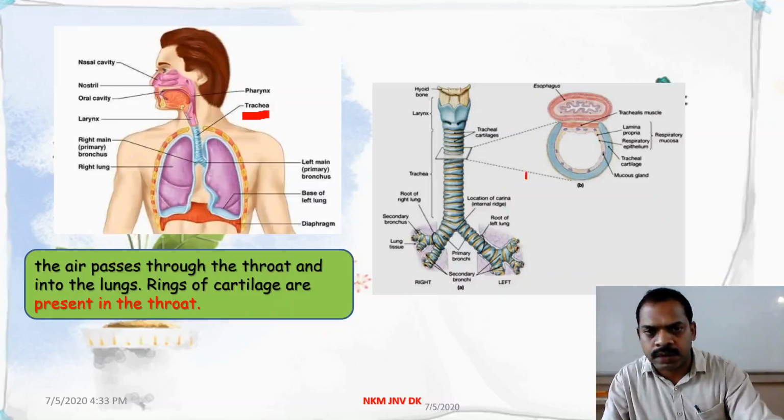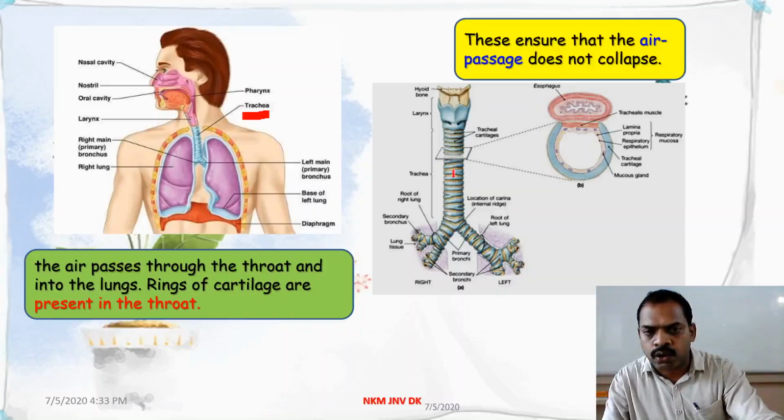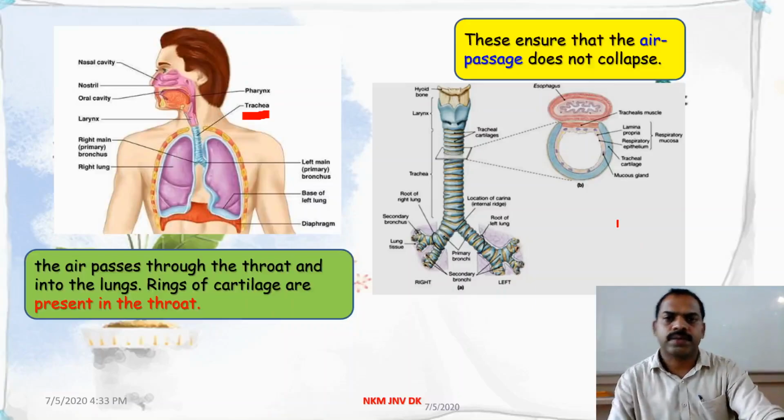So why is it a C-shaped cartilage here? It prevents the trachea from collapsing. It always keeps it open. See the esophagus: when food is not there, it is in a closed condition. But our windpipe, the trachea, should always be kept open. For that, it is supported by C-shaped cartilaginous rings all through the trachea to the bronchi.